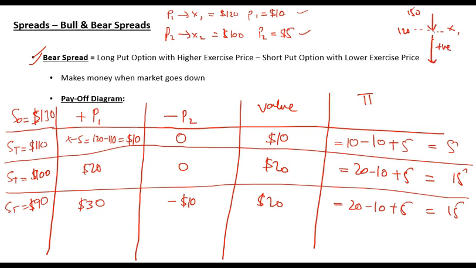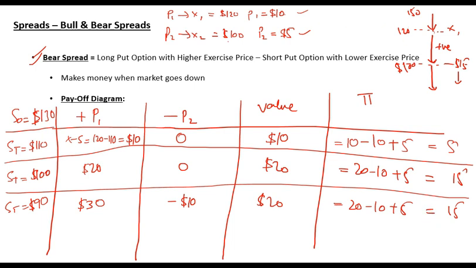You will have a positive value here, but your value will be capped when you reach the lower strike price, which is, for example, 100. After this, your value will remain constant. Like you saw here, at 100 you reached a value of $15, then it remained 15 beyond 100. Even when price went to 90, your value was 15. Even if price goes to 0, your value will be 15.